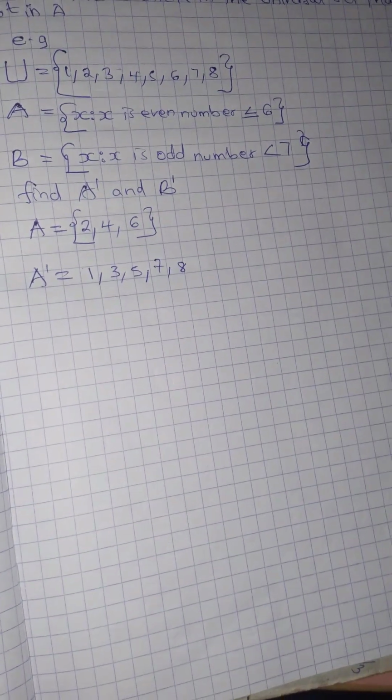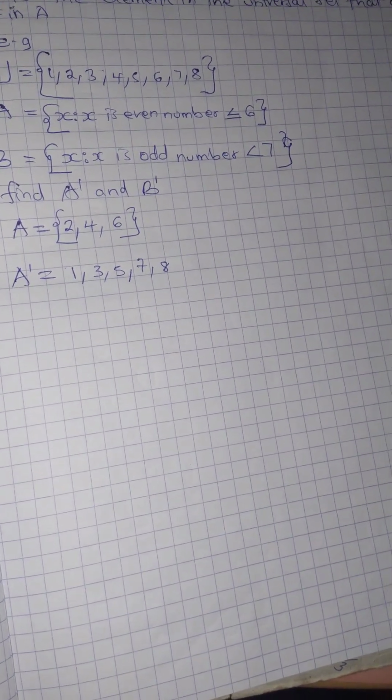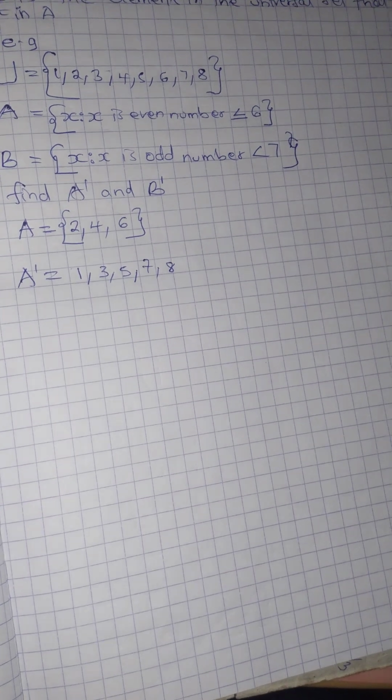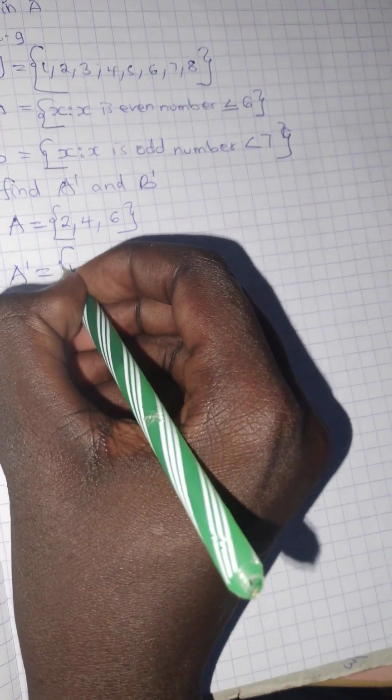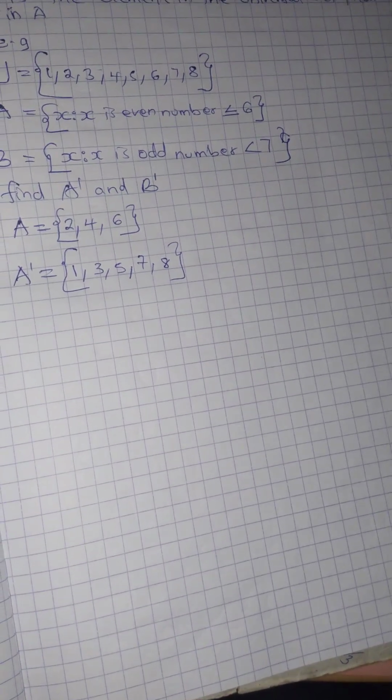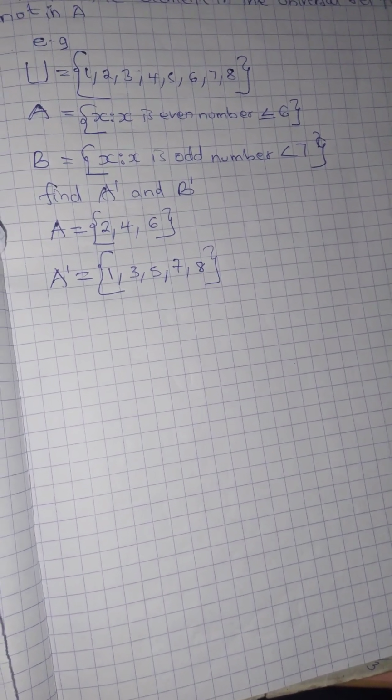These are the elements in the universal set that are not in the set A, and this will be our A prime, or the complement of set A.